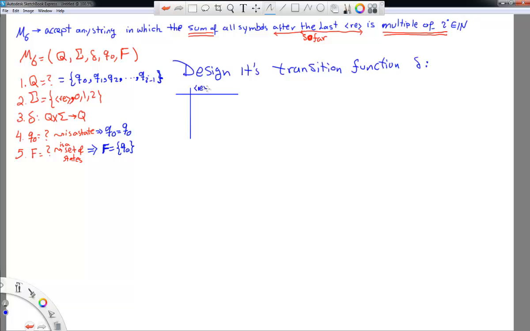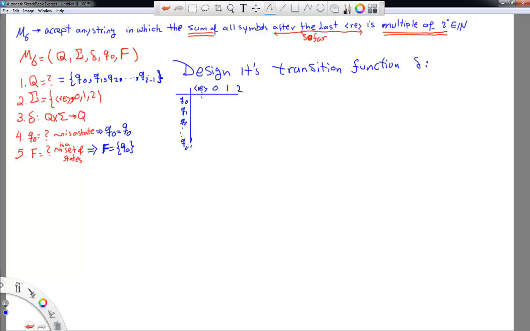So I've got reset, and I've got number 0, number 1, number 2, and then I have a Q sub 0, a Q sub 1, a Q sub 2, all the way to a Q sub I minus 1. I started by assuming that Q sub 0 is an accept state, and it also is a start state, which represents the sum of the elements so far modulo I. So when I see element number 1, all I need to do is add 1 to whatever sum I've seen so far.